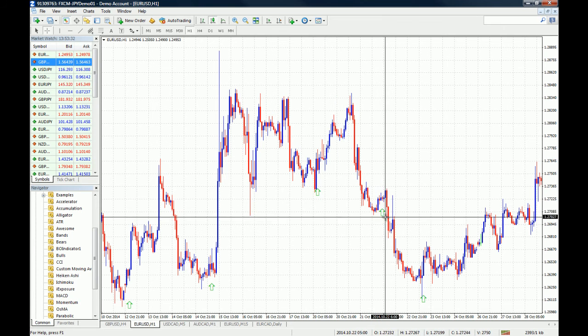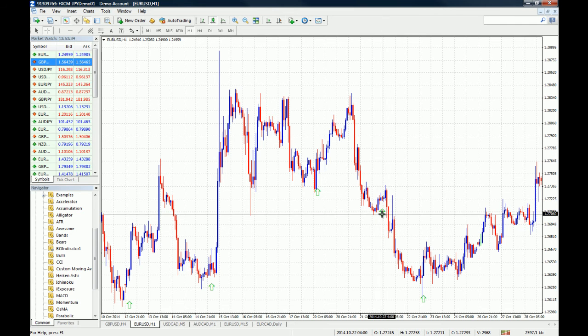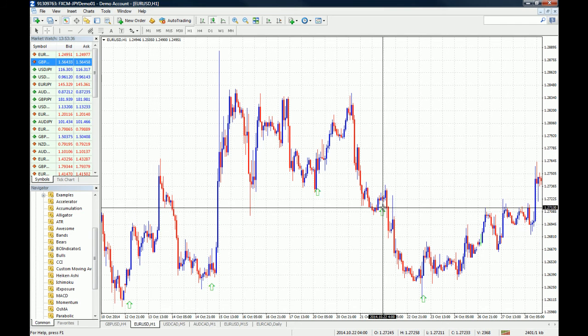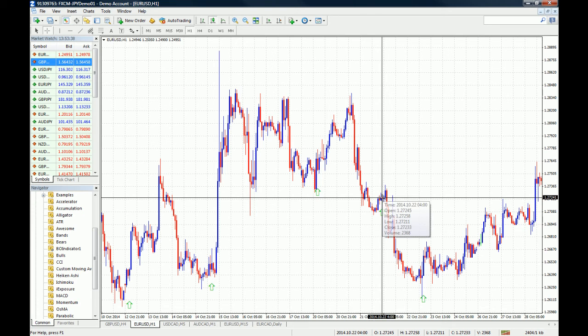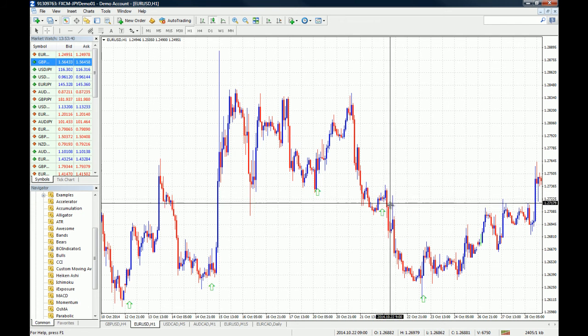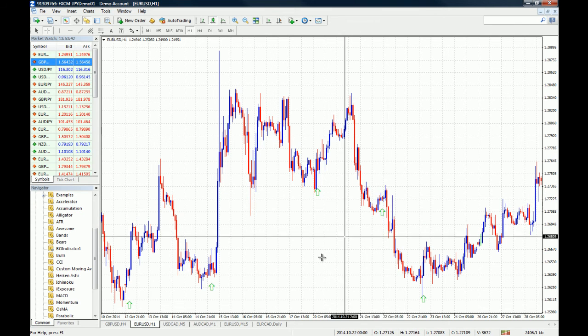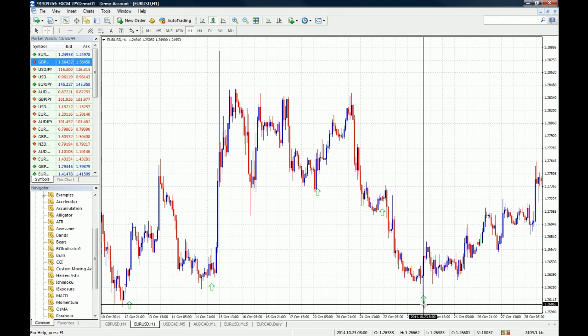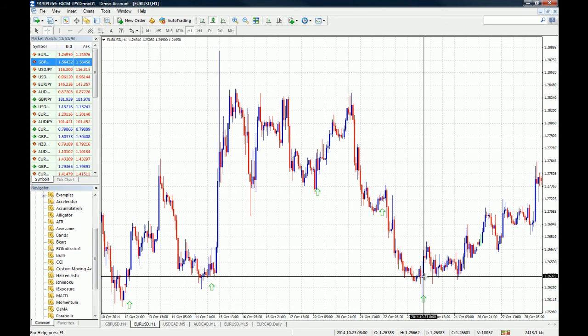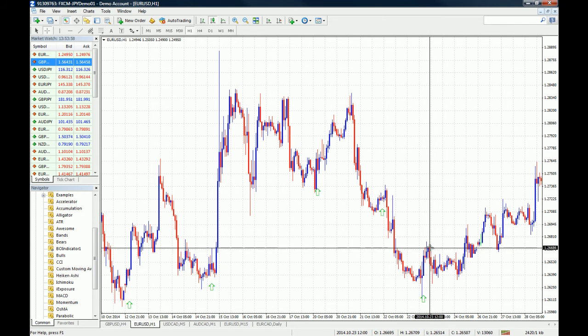And right here we have a signal to buy call options, and you can see that 1, 2, 3, 4 candles later, this option also expires out of the money. But here we have a great signal to buy put options again, and this signal comes at the 126.37 level, and if you count 4 candles, 1, 2, 3, 4 candles, you can see that this option expires in the money.